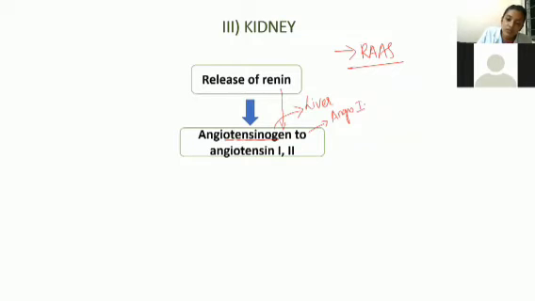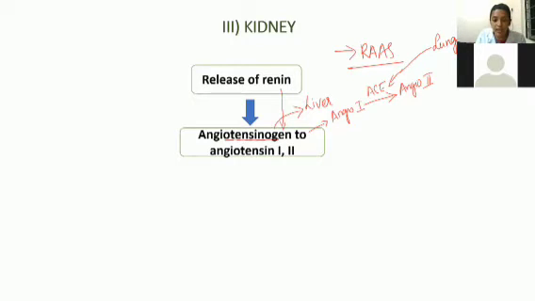Then angiotensin converting enzyme, or ACE, will act on angiotensin 1 and convert it to angiotensin 2. This ACE is secreted from the lungs.